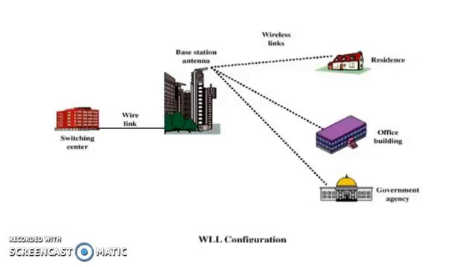And here we can see the WLL configuration. There will be a local station switching center, and to the antenna it will be connected by wire using copper wires.